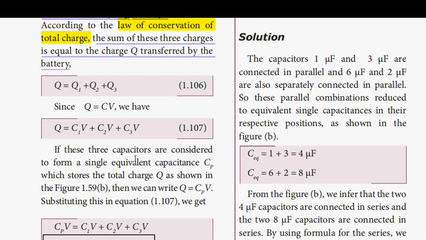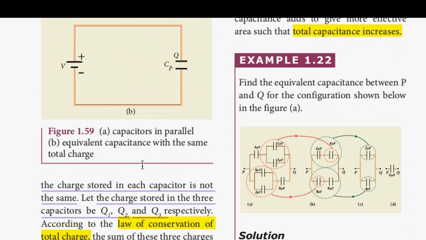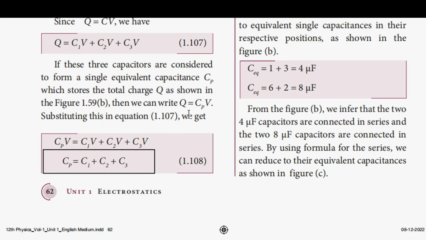If these three capacitors are considered to form a single equivalent capacitance Cp, which stores the total charge Q as shown in figure 1.59b, then we can write Q equal to Cp times V. Substituting this equation, we get Cp times V, that's given by C1V plus C2V plus C3V, and simplifying we will get Cp equals C1 plus C2 plus C3, as V can be cancelled on both left hand side and right hand side.